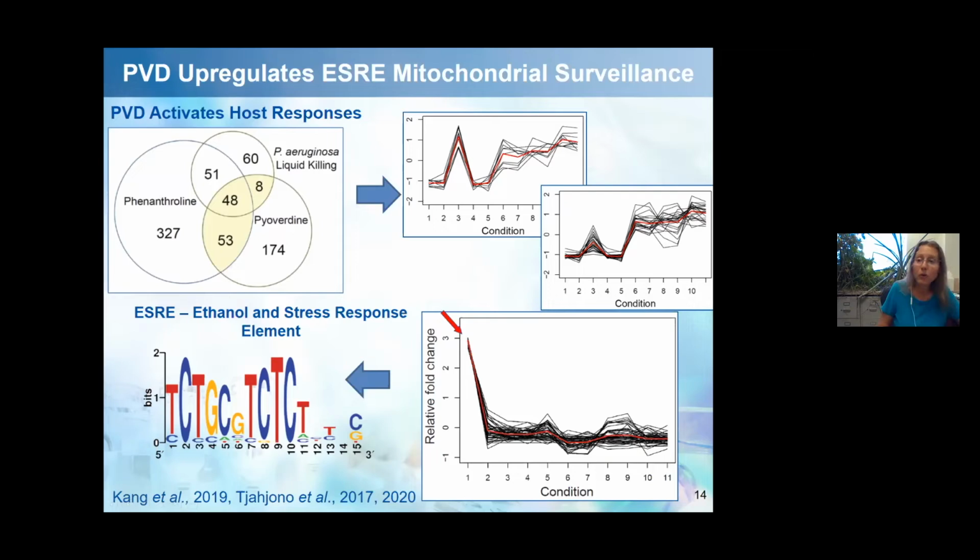To look deeper into the pyrogen specific response, we analyzed the data available from multiple labs where worms were incubated with different pathogens, Staph aureus, Enterococcus faecalis, Candida albicans, plus our data on Pseudomonas. So we had 11 different microarray conditions, and we analyzed the expression of these 200 plus pyrogen upregulated genes.